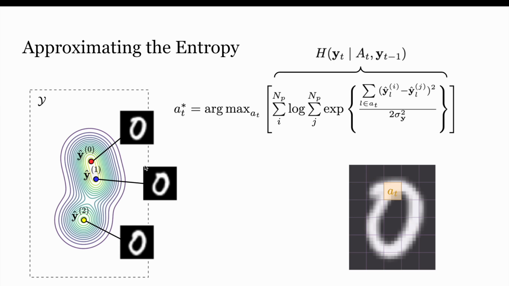And just a point on the notation here, this A_t refers to some possible action. That's why we use the letter A, but that is basically a measurement location in the measurement space. So for example, our possible measurements, or our action space, might be blocks of pixels like this. And A_t will be one such block.